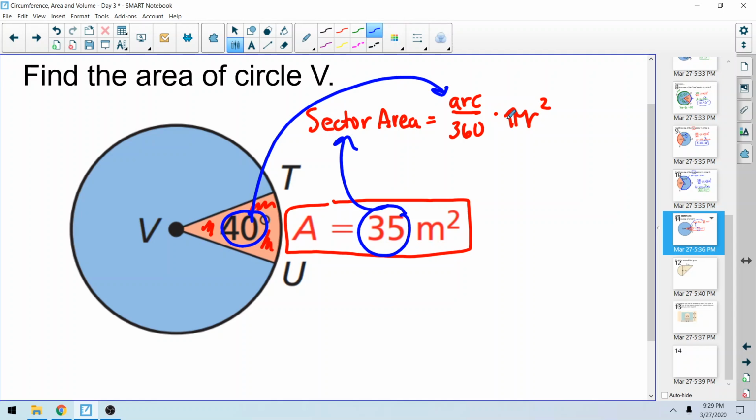So let's fill in. The sector area we know is 35 equals the arc measure we know is 40 over 360 times pi, 3.14, r squared.